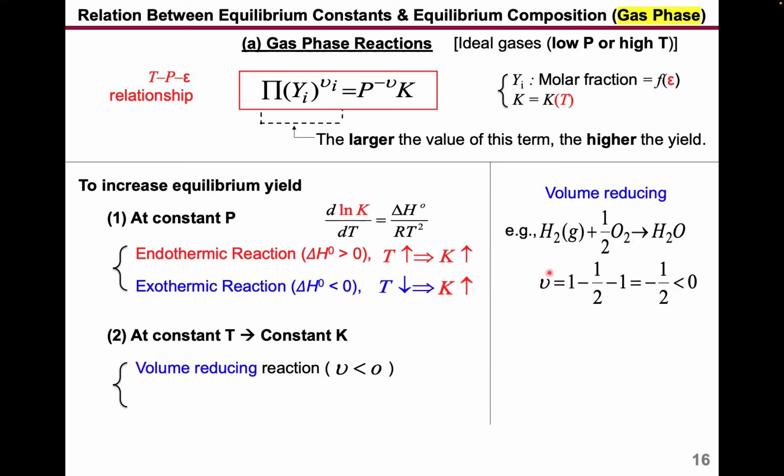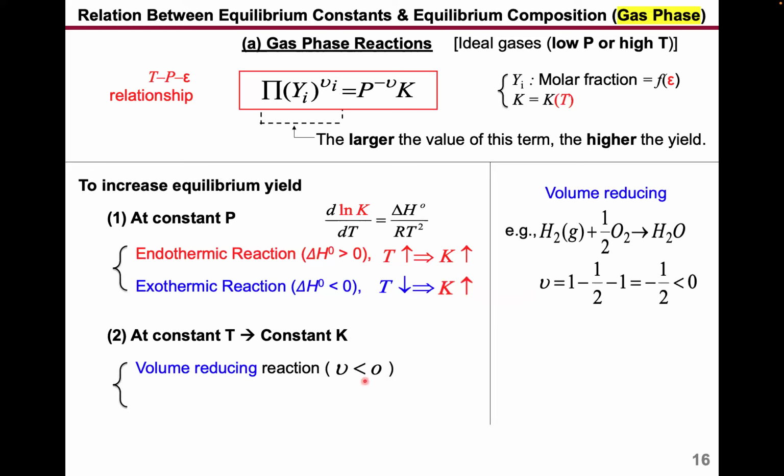Then ν is going to be 1 on the product side, minus 1 minus 1/2 on the reactant side, so it's going to be minus 1/2. So this summation of νi is negative, so this is a volume reducing reaction.